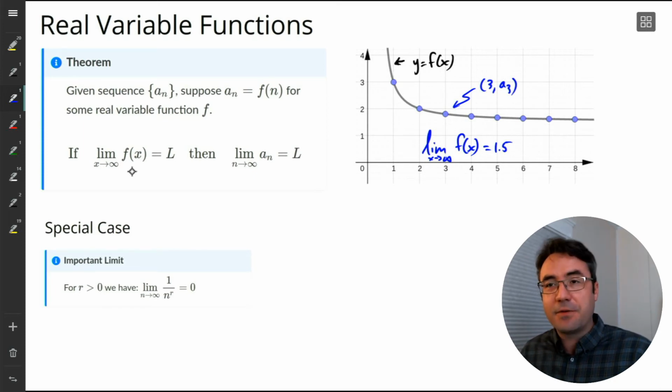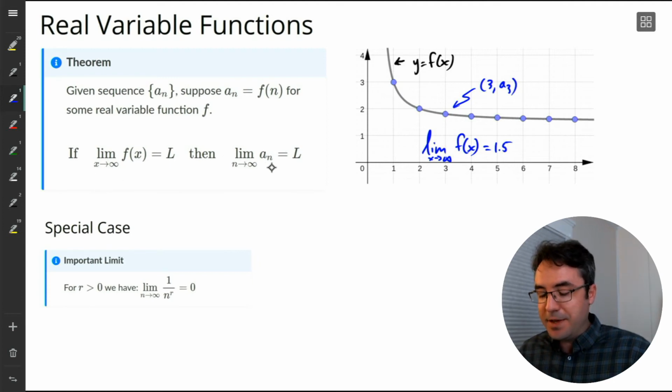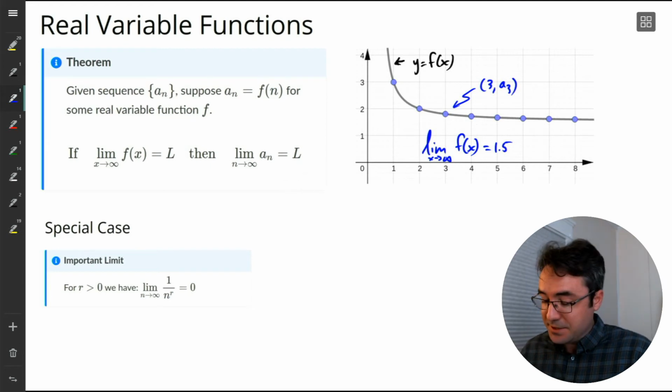So the limit of our sequence also has to be equal to L, because those terms of our sequence are just discrete points that fall on that exact same curve. So they're going to the same place. And why this works is because we know the terms of our sequence are actually equal to just the function values evaluated at n.